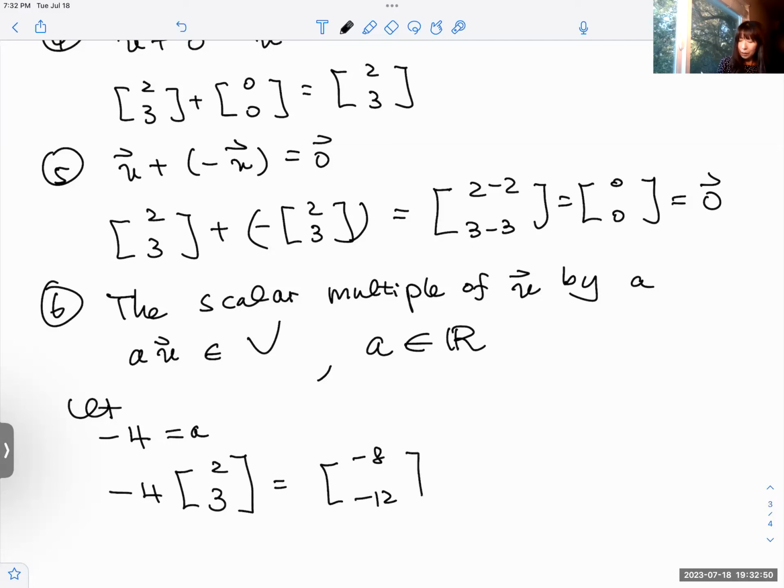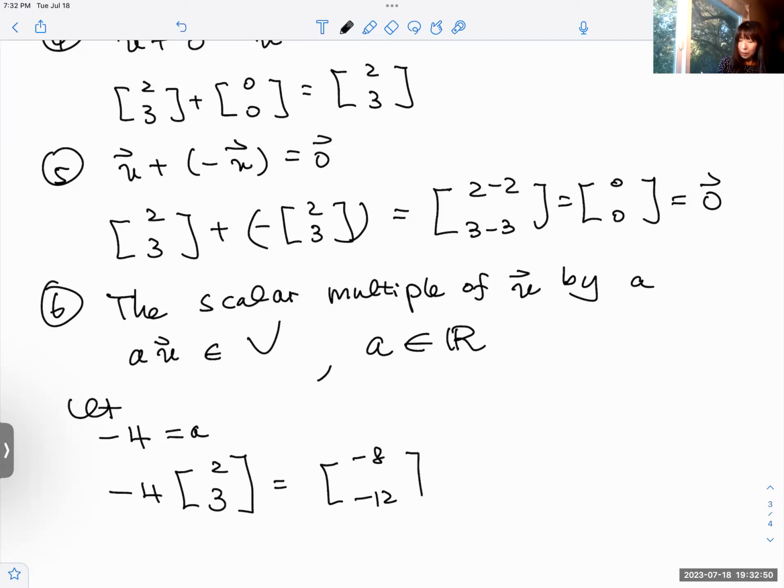So V is this one: x and y, where x is positive or equal to 0 and y is positive or equal to 0. Do you think this is correct? Is it still in V? No, right? Because this is negative, this is negative.